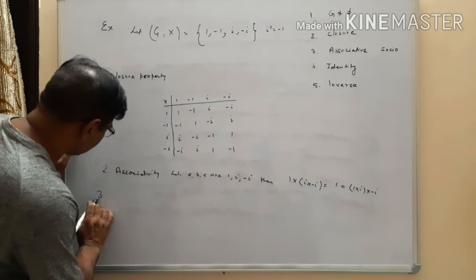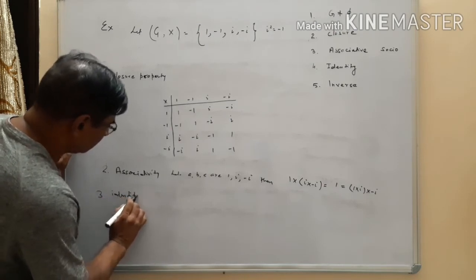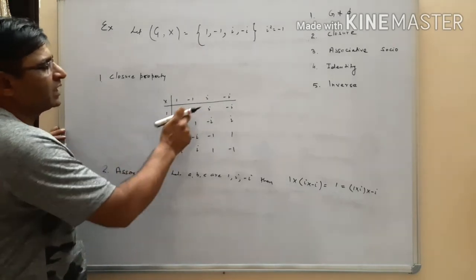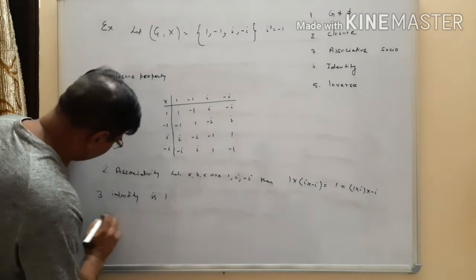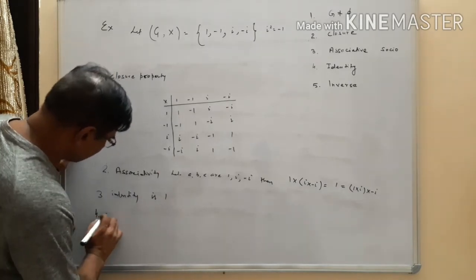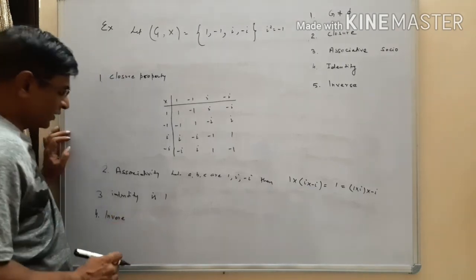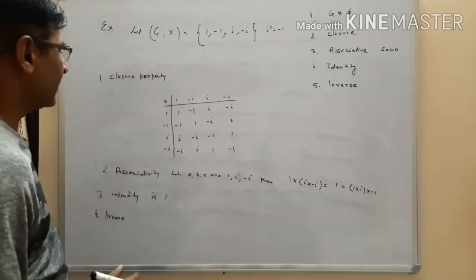Third, identity. You see 1 is multiplied to any element, we get the same element. Identity is 1. And the fourth one is the inverse. We can find the inverse from this Cayley table.